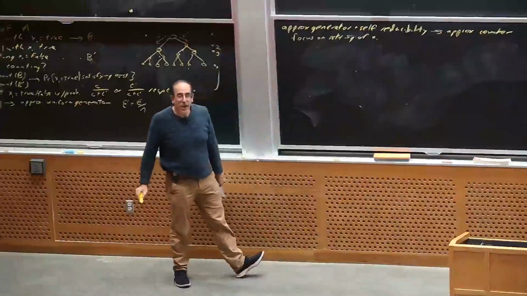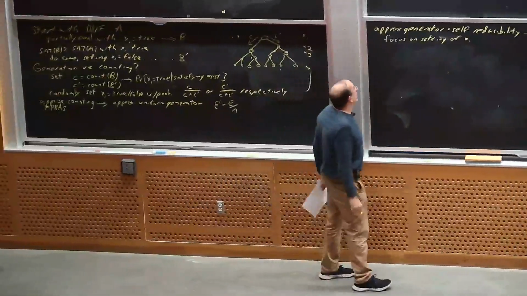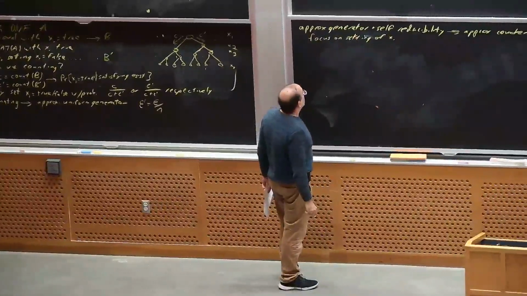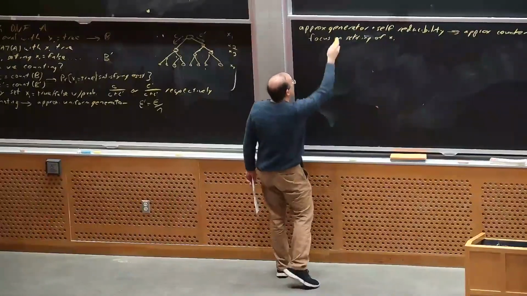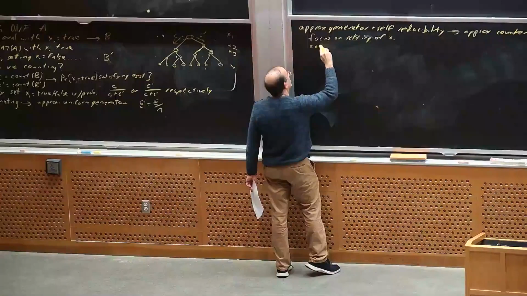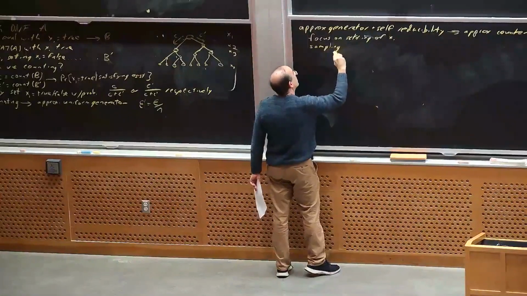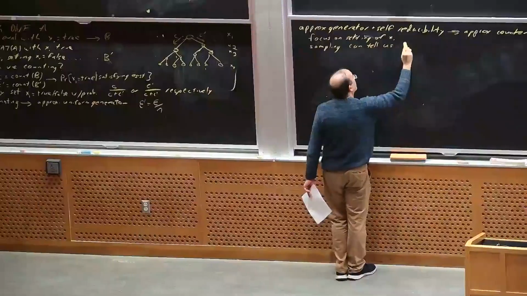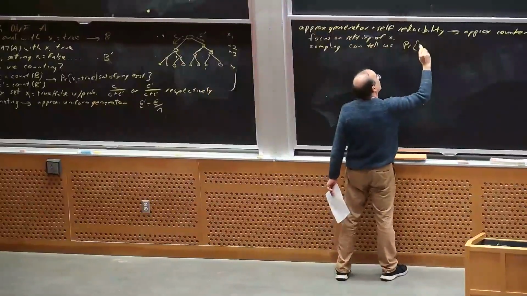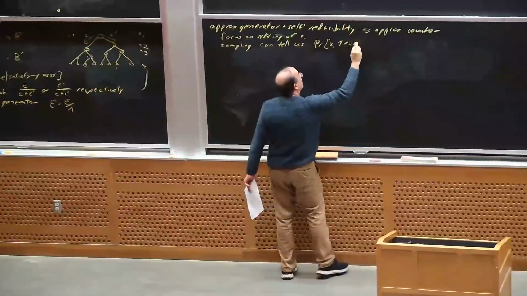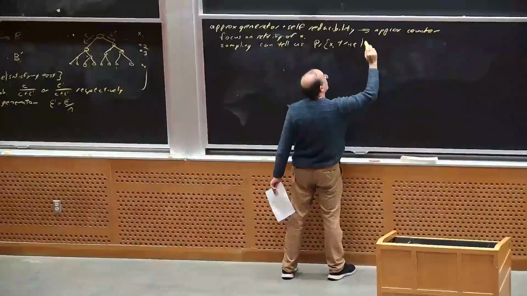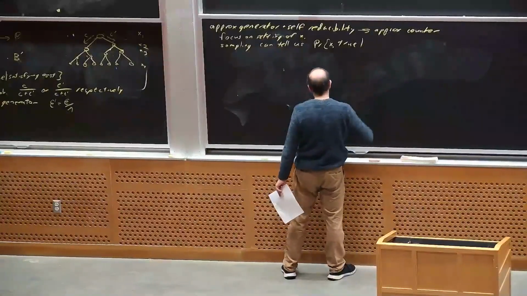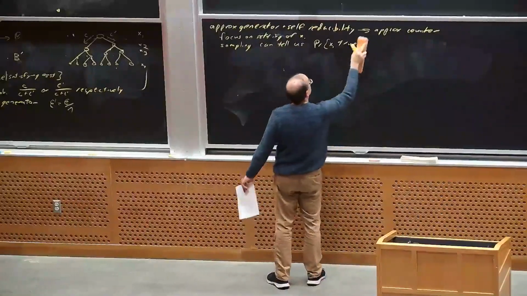Okay, so this time what we say is, by generating, we can use the sampler to tell us the probability that, sorry, let me see how I want to say this.